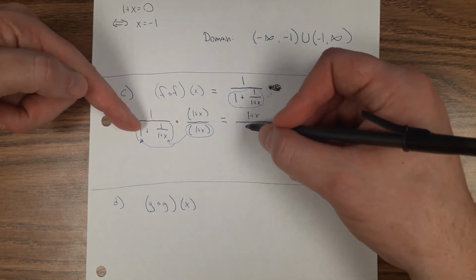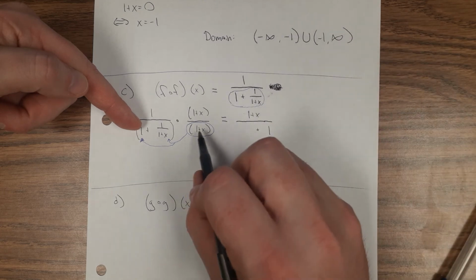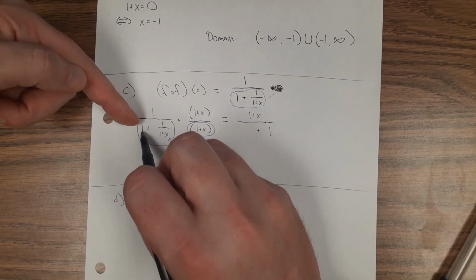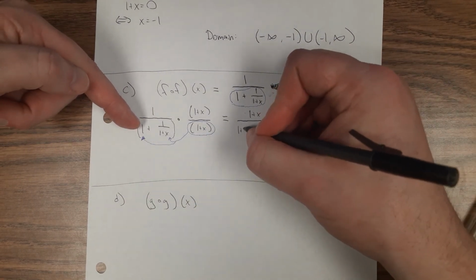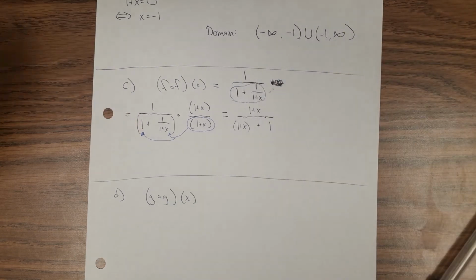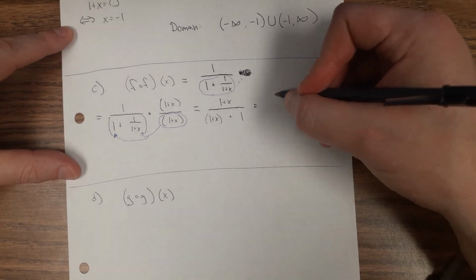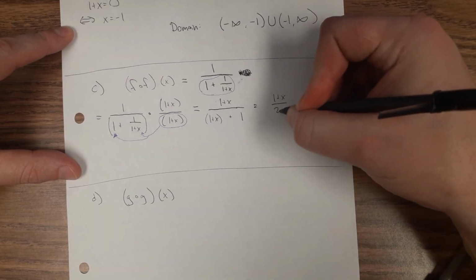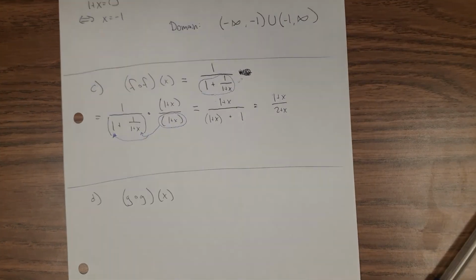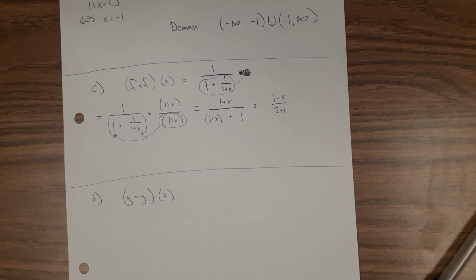That would be the mistake, is to just write a 1 here. This times this is not 1, it's 1 plus x. So I get 1 plus x over 2 plus x.